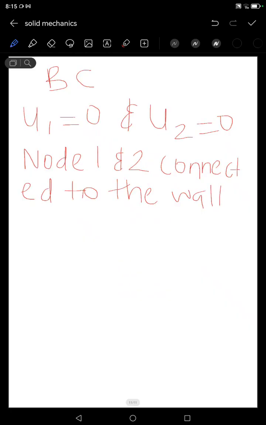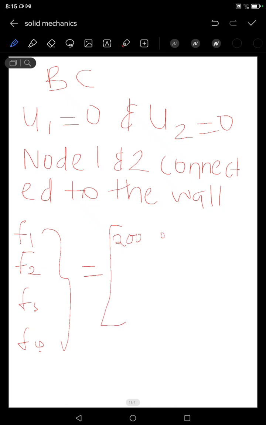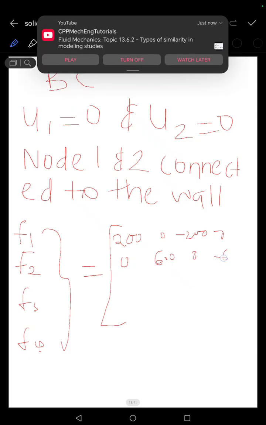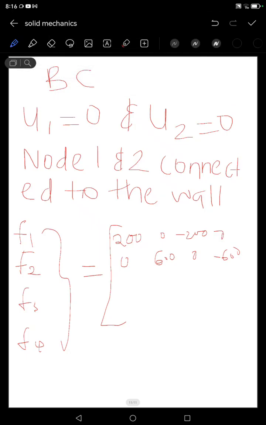Now moving forward, we're going to write this boundary condition. After writing the boundary condition, we introduce a global equation with the forces: F1, F2, F3, and F4. And here we write the value of the global stiffness, which was 200, 0, negative 200, 0; 0, 600, 0, minus 600; negative 200, 0, 600, minus 400; and 0, minus 600, minus 400, and 1,000.